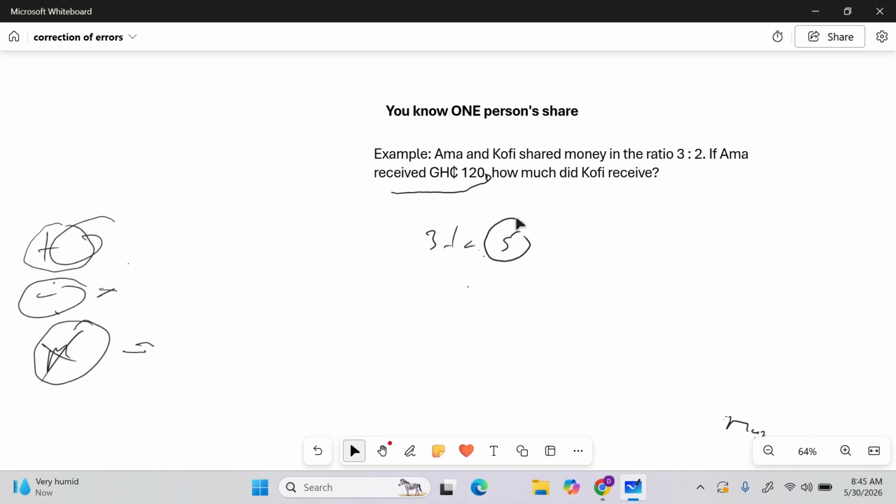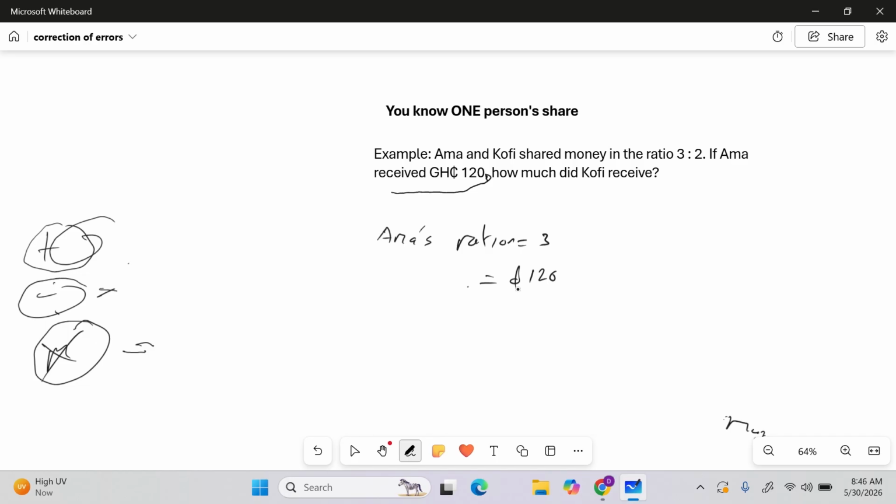So what we are going to do is this. This money here is for Amma. I'm doing the working. Amma's ratio is 3, and Amma's amount of money received is 120 Ghana cedis.